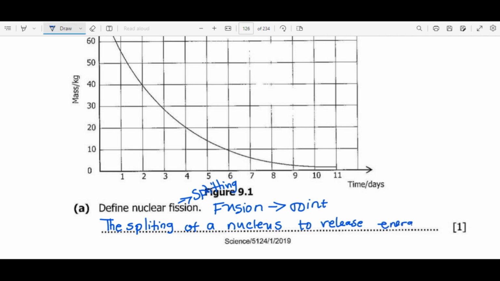Now there are so many ways in which we can define a term like this one. We can say the splitting or the breaking down of a nucleus due to neutron bombardment, and energy is also produced. That's why nuclear fission is one of the ways in which electricity can be produced.